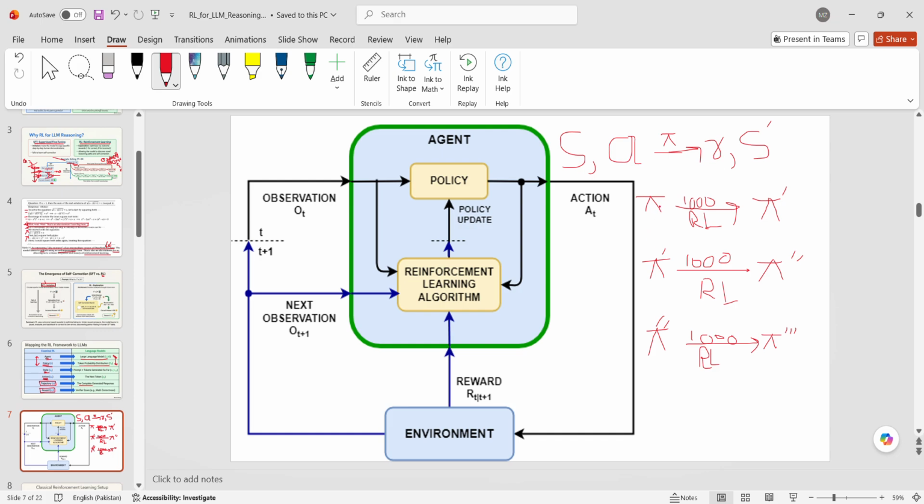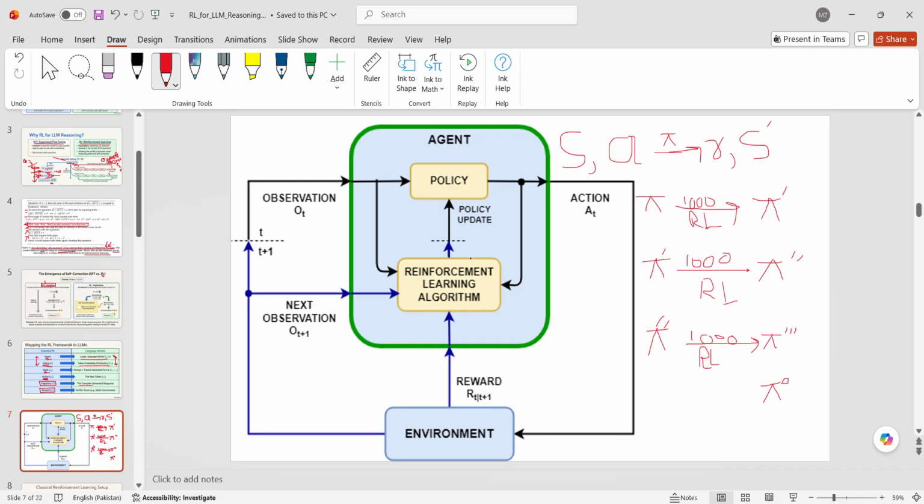So we started with a randomly initialized policy, and we kept improving it, and eventually we are going to reach a policy pi optimal, which is the most optimal policy in this environment.